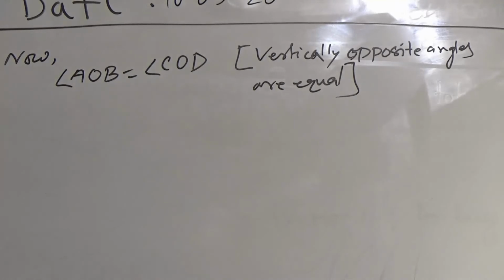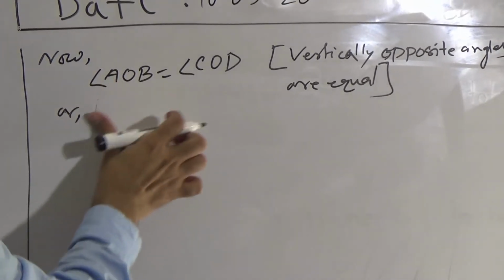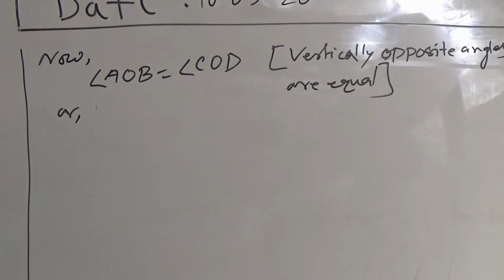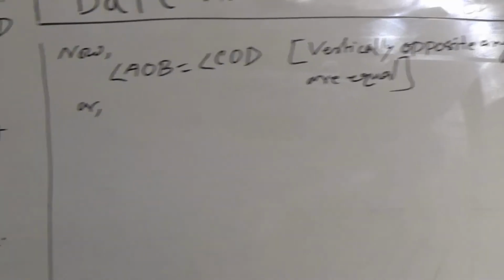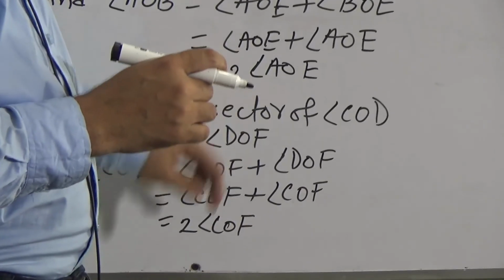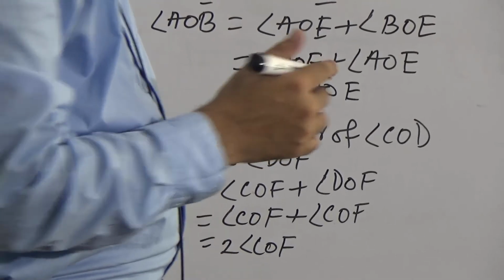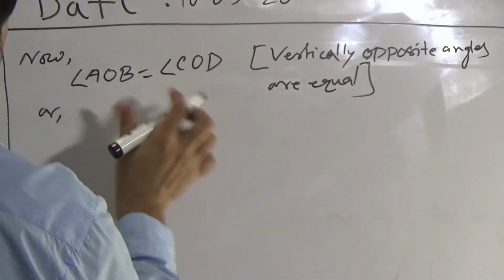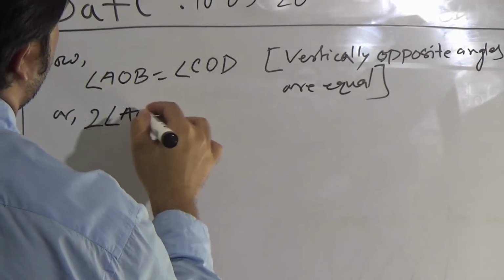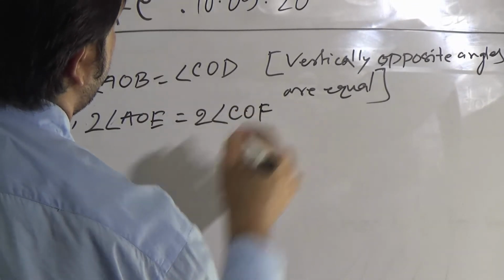Okay, dear students, now we can write angle AOB means 2 angle AOE, and angle COD means 2 angle COF. So we can write these two in place of AOB and COD. So we can write 2 angle AOE is equal to 2 angle COF.